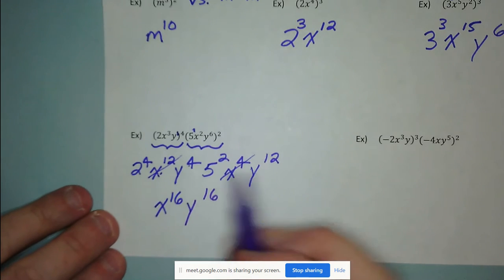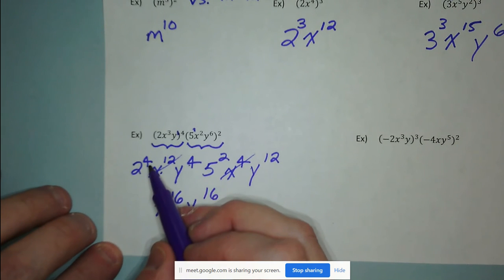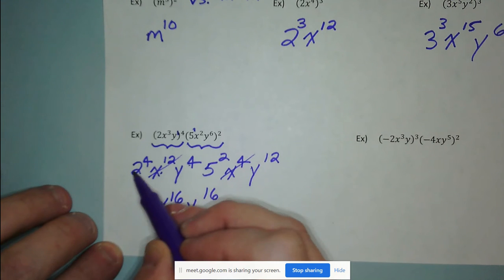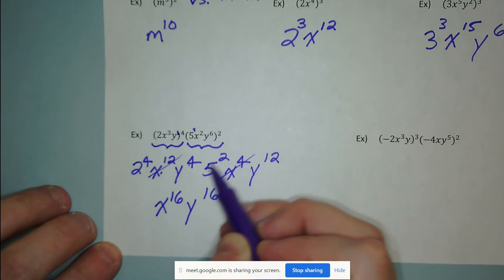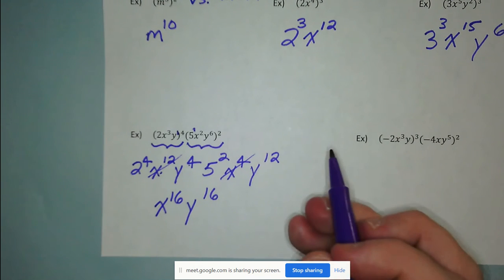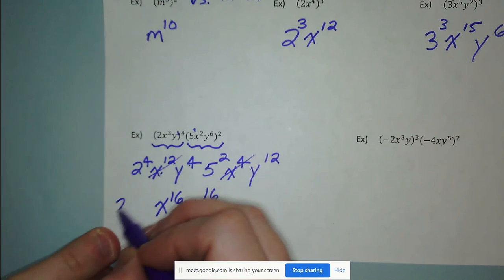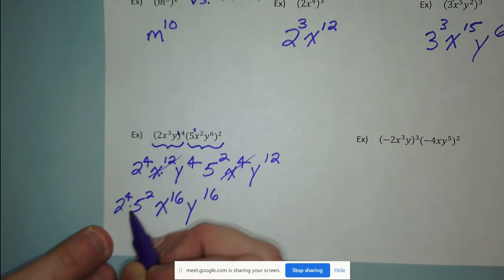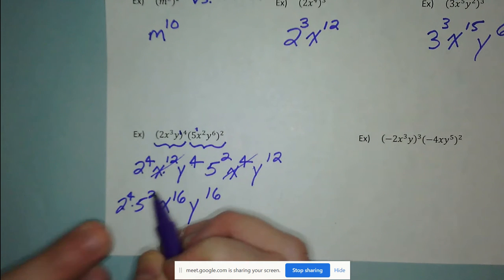And I guess now, again, let's not let ourselves be confused by what the heck is 2 to the 4th times 5 squared? This is really just 16, and this is really just 25. So I guess we could do that. But I wouldn't really care if you just left it like that, because these don't exactly simplify together, because these bases don't match.